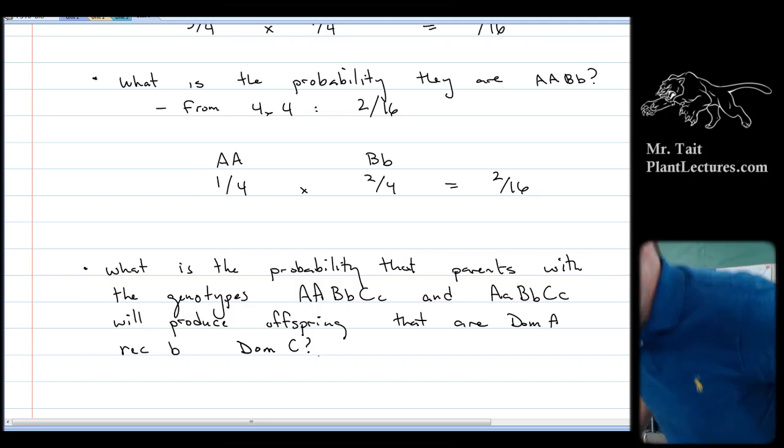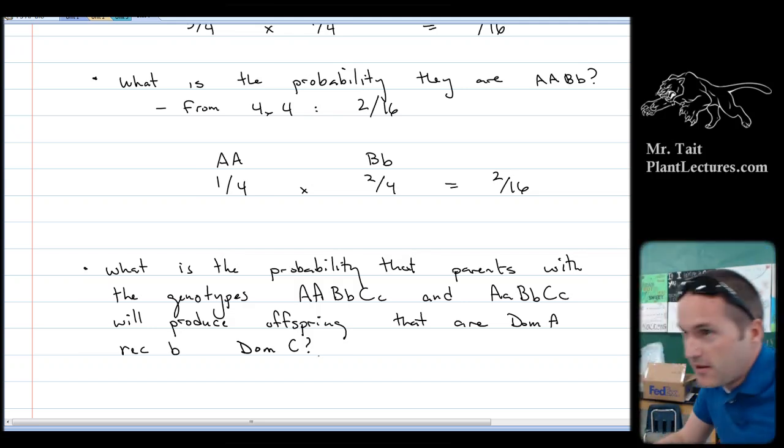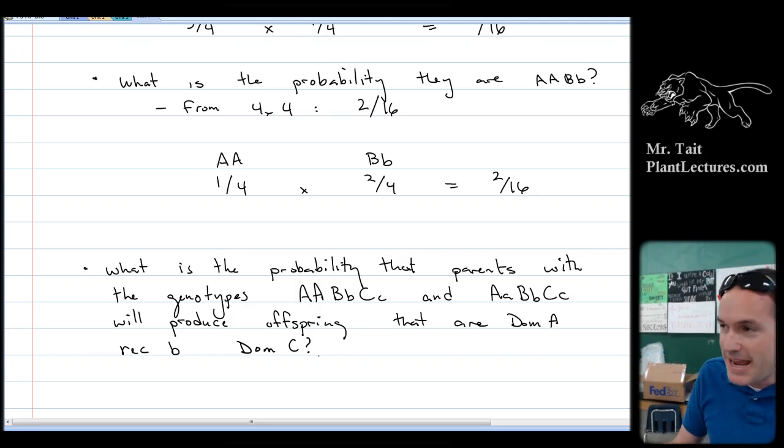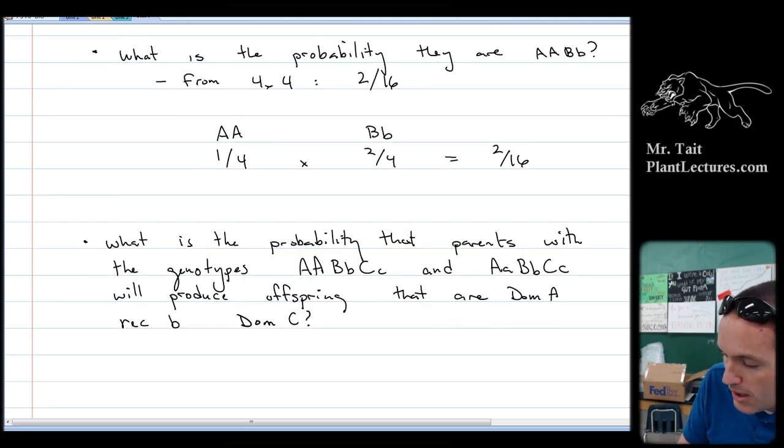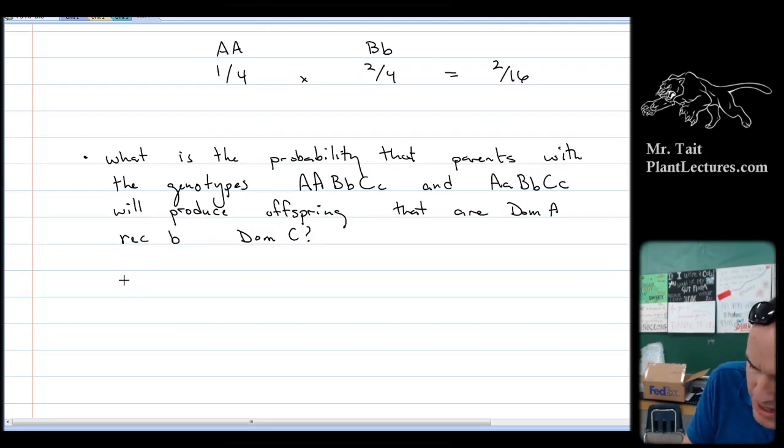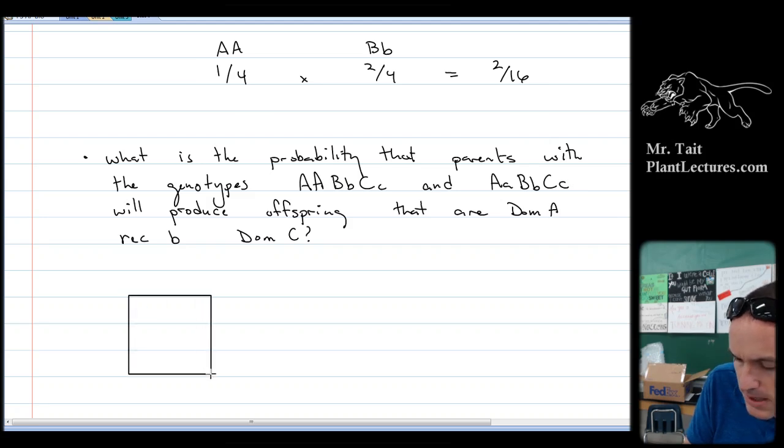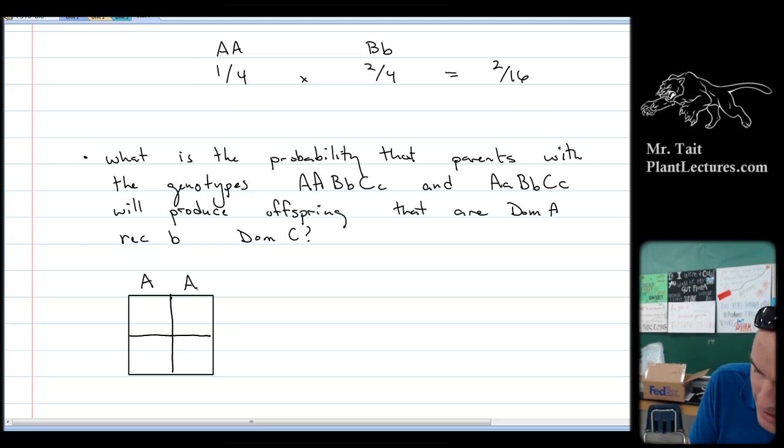Okay, so now we've got a tri-hybrid cross, which we would need an 8x8 Punnett square for. We'd need 64 boxes. Should we do that? No, never do that. That is ridiculous. So we can just do a couple of small Punnett squares. We can't rely on our monohybrid cross here because they're not all monohybrid crosses. Our first one we can see is big A, and then big A, little a.